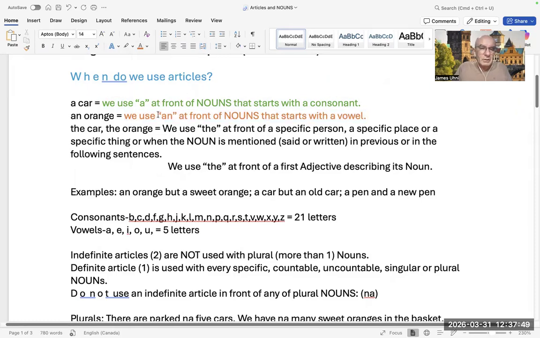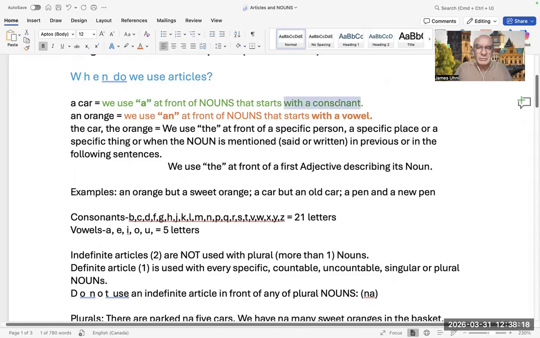We use an with a vowel, and we use a with a consonant.